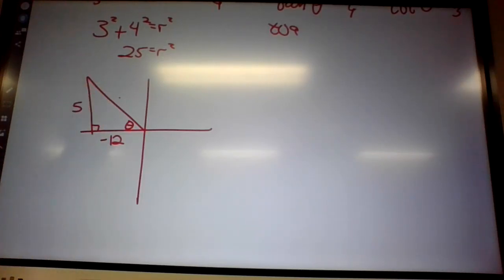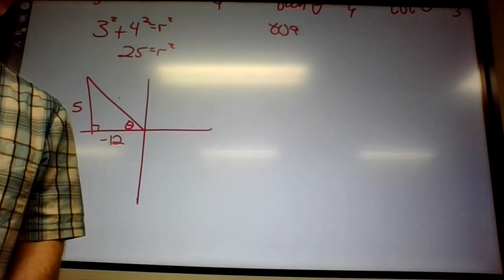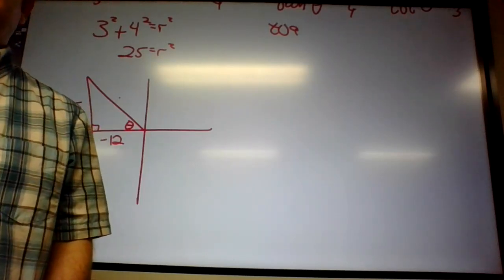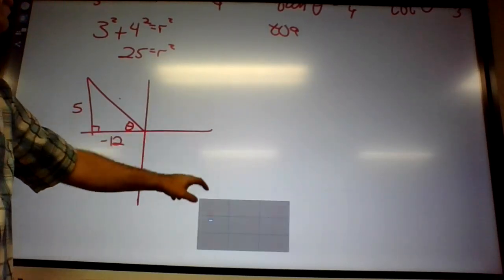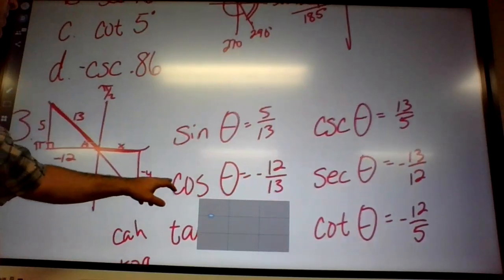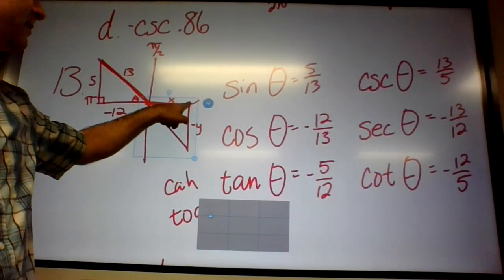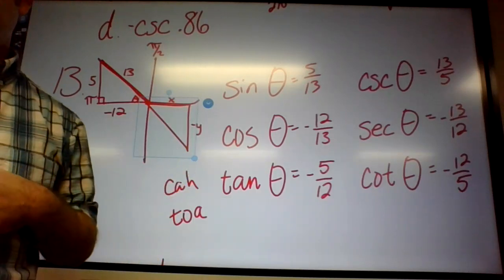On number 14, would all the numbers be positive since it's cosine in quadrant 4? No. In quadrant 4, the y value is negative. So it's -7, right? In quadrant 4, the x value is positive, the y value is negative.